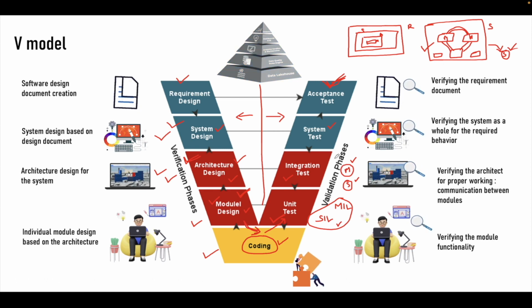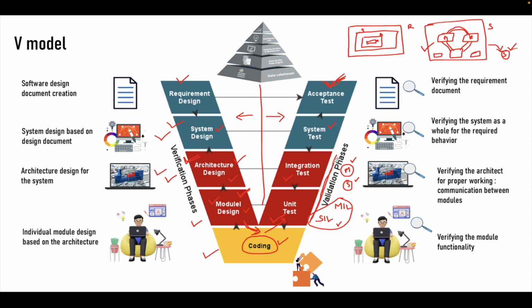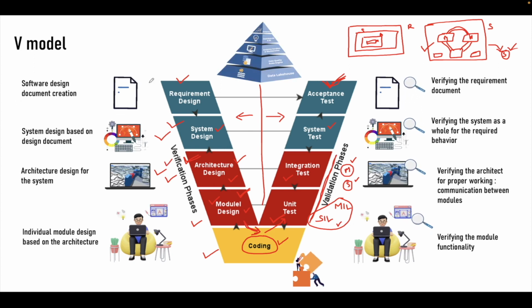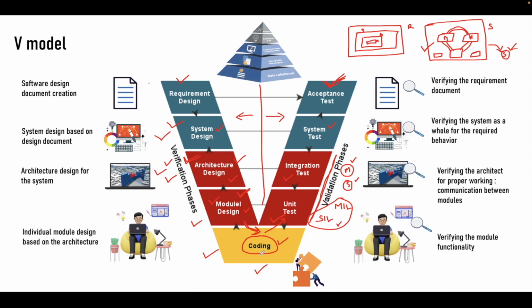So at these two stages, you can do either a mill testing, either for a unit or one module, or for multiple modules, which could be integration testing. And here you will be developing the architecture and the requirement document, system design and module design, and at the end you usually go for the code generation.